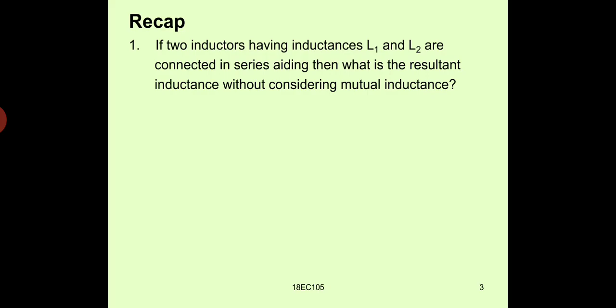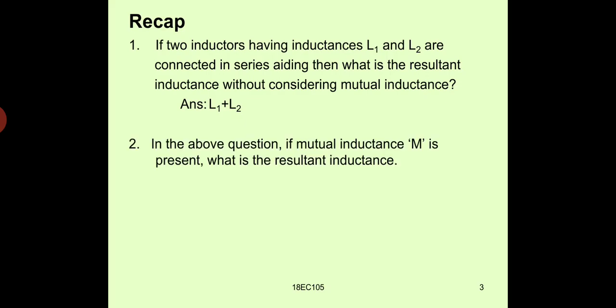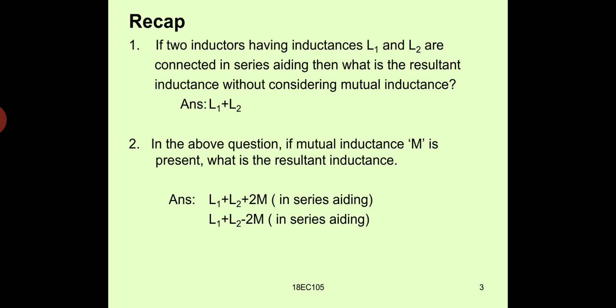If there is no mutual inductance, it will simply be L1 plus L2. And in the above question, if the mutual inductance M is present, then what is the resultant inductance? We know that it will be L1 plus L2 plus 2M in series aiding. And if they are series opposing, then it will be L1 plus L2 minus 2M.